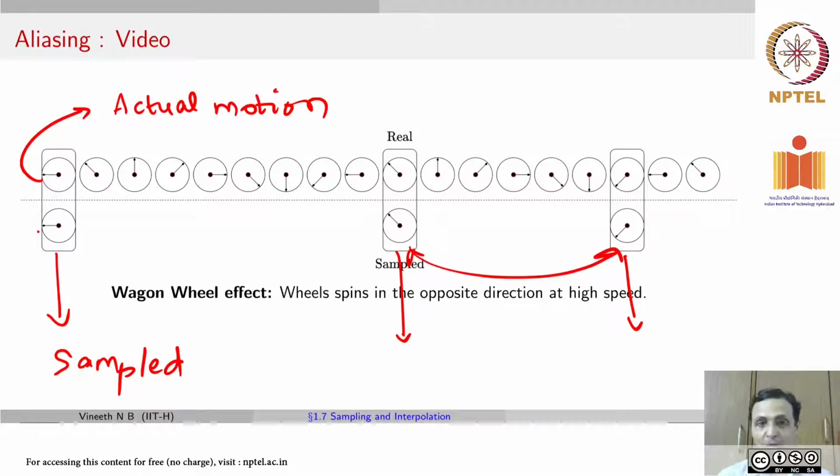If you only took the second and the third one, you would actually think that your wheel is moving counterclockwise, because those are the only 2 samples you have, and the arrow is moving in the counterclockwise direction. But originally your wheel was moving in the clockwise direction. This simply means that you're not sampling the wheel at the frequency at which it's rotating, or at twice the maximum frequency at which it's rotating.